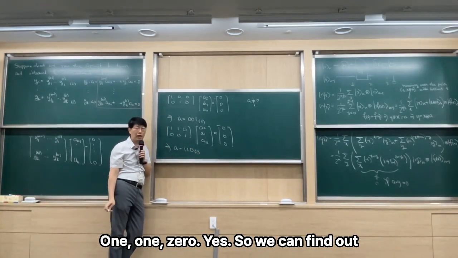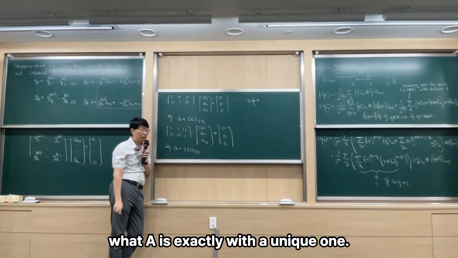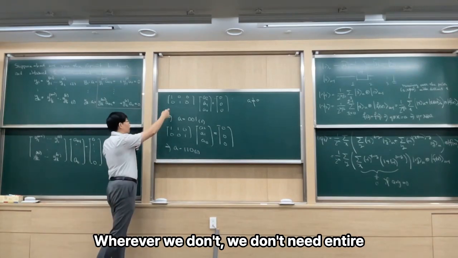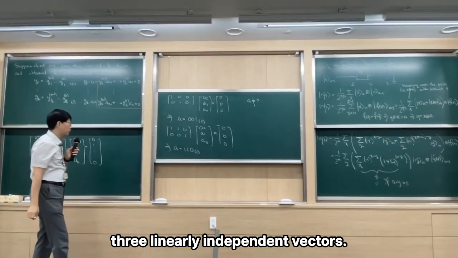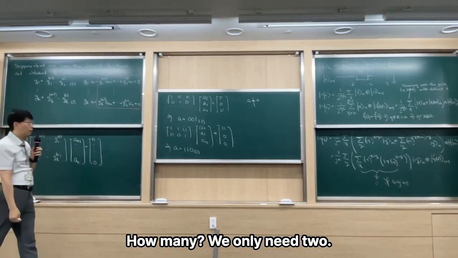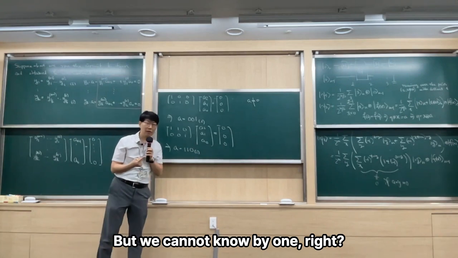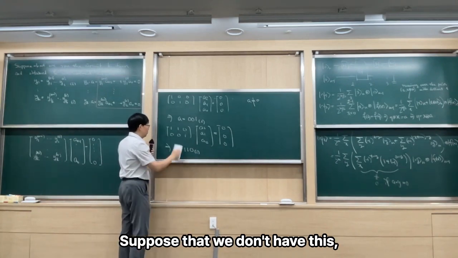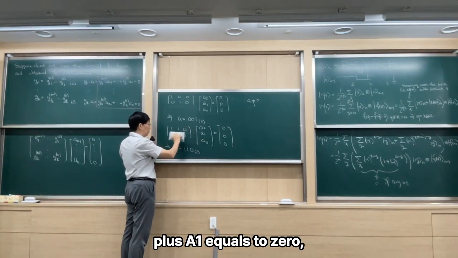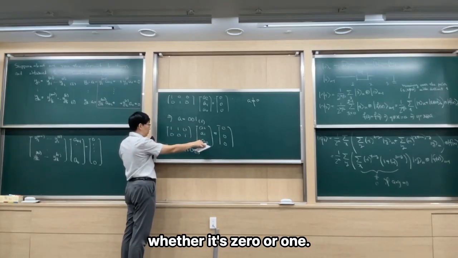So we can find out exactly what A is, a unique one, without needing the entire 3 linearly independent vectors. How many? We only need 2. But we cannot know from 1, right? Suppose that we don't have this, then we know that A2 plus A1 equals 0, but we don't know about A0, whether it's 0 or 1.